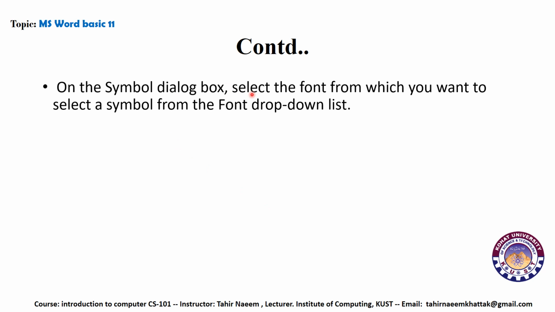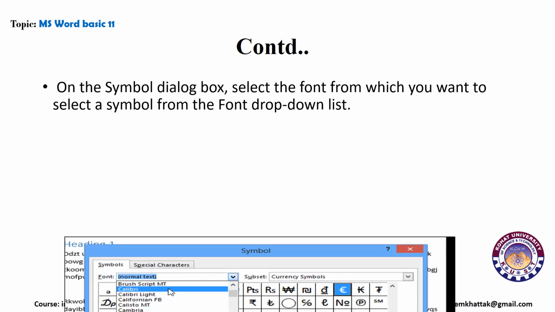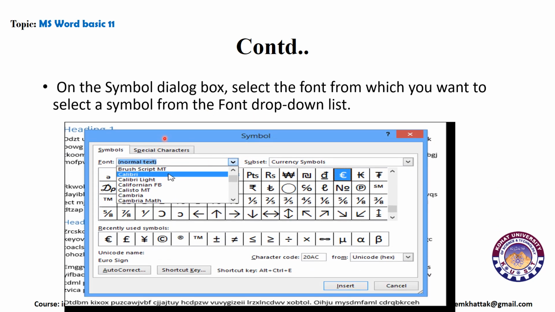In the Symbol dialog box, we select the font from which we want to select a symbol from the Font drop-down list. When we click on More Symbols, this dialog box opens up. Here different font formats are available, such as Calibri Light and Cambria.